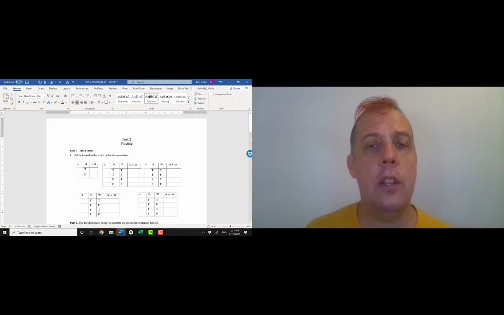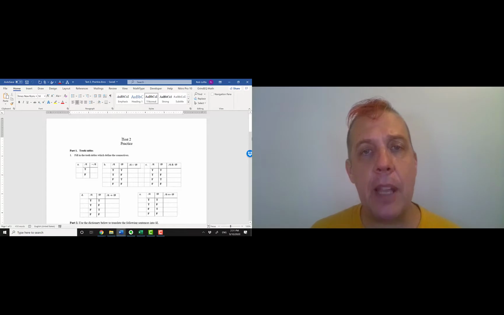As you can see in the paper version, what I had you do was simply write out the 5 characteristic truth tables for the 5 basic connectives. The reason I did that was because you're going to need to have these completely internalized and memorized going forward.